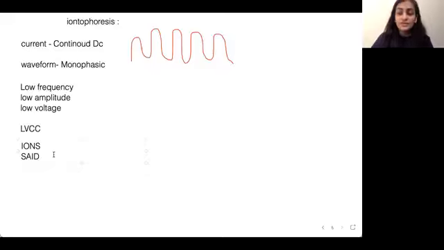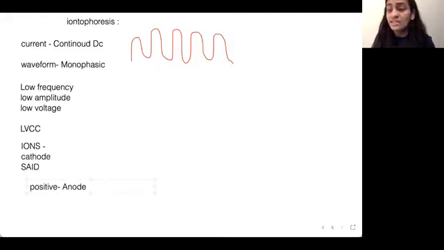We're always going to use the anode for that. So for SED ions, we are always going to use the cathode, and for positive ions, we are always going to use the anode. Clear? Now, this is how iontophoresis works. Whatever ion you want, put the same electrode and that will repel.